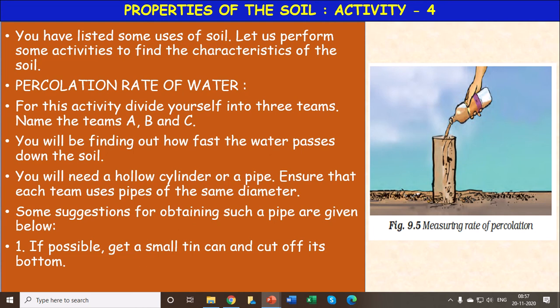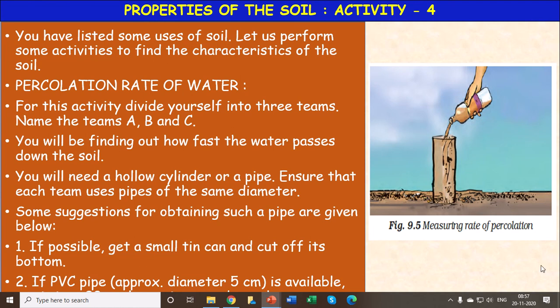The first suggestion is, if possible, get a small tin can and cut off its bottom. The second suggestion is, if PVC pipe of approximately 5 centimeter diameter is available, cut it into 20 centimeter long pieces and use them.